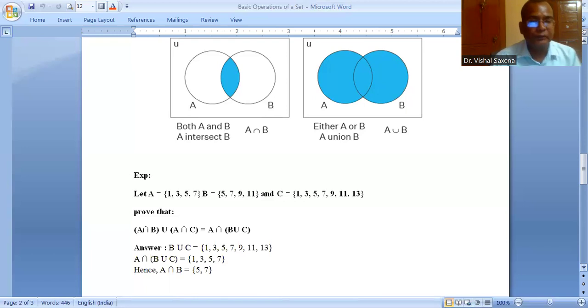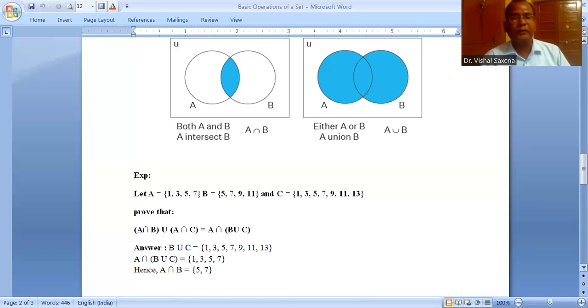For this, we have to calculate both sides, left hand side and right hand side, separately. In the right hand side, we can see B union C. B union C means we have to add the elements of B and C both.